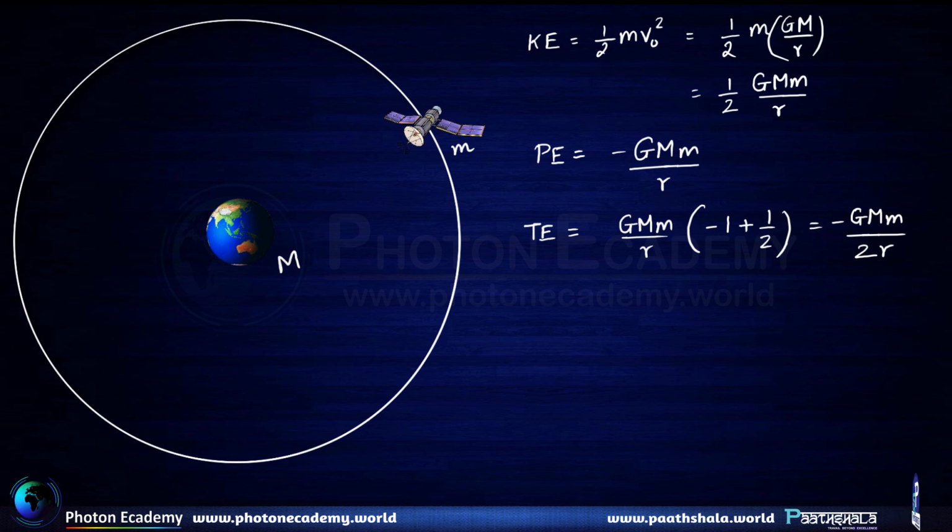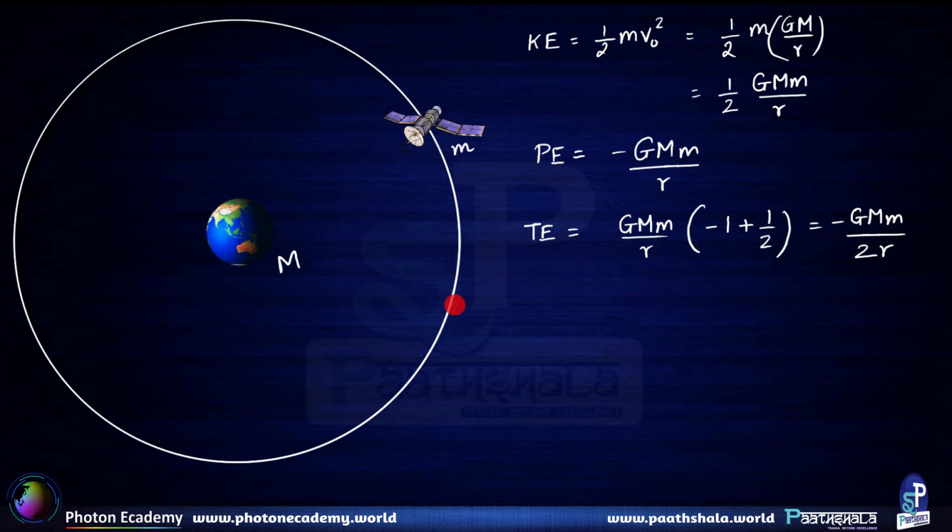Now we can see that this total energy is negative. The meaning of negative energy is that the satellite is moving around the Earth in a bound orbit, meaning the satellite is bound to the Earth with this particular magnitude of energy. The reason for this being negative is because potential energy is negative. Why is potential energy negative?